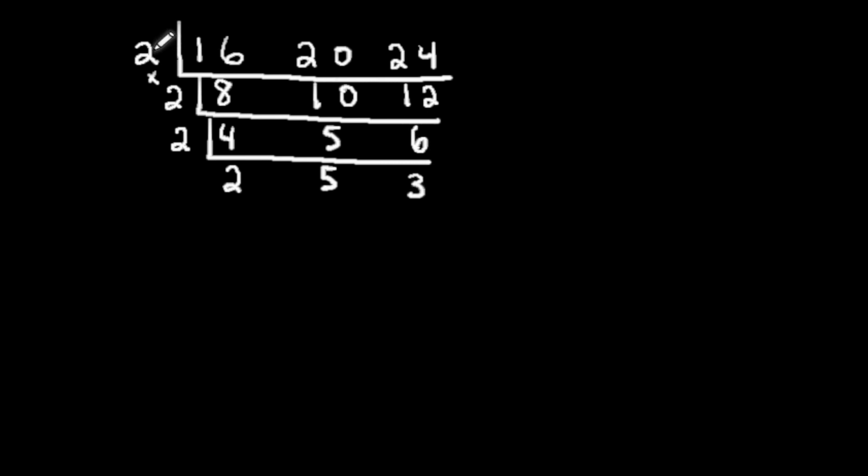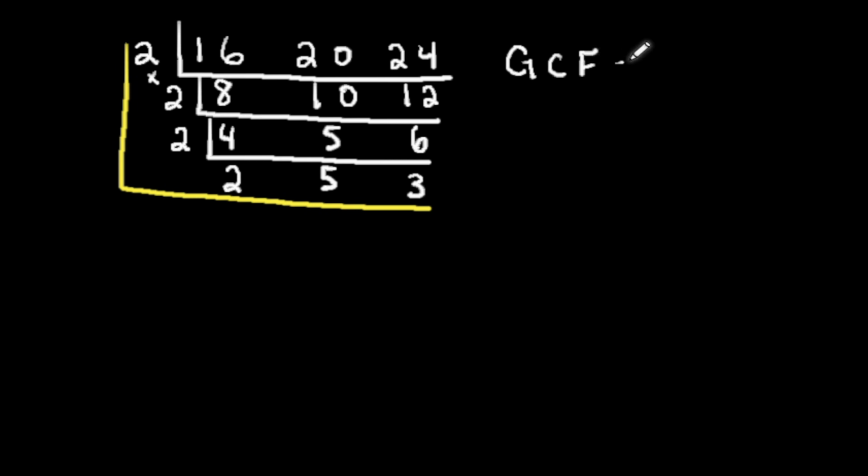So we have our greatest common factor of 4, but for our least common multiple, we need to multiply all of these digits together. And when you do that, you get 240, which is the least common multiple. So as I said, the greatest common factor is 4, and the least common multiple is 240.